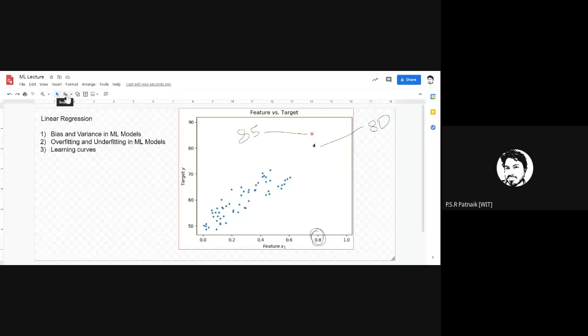Now if I generalize this, for example, for 0.1, 0.82 and 83, say this was your expected line of right points. But what your ML model has done is it has predicted on this line. For example, it started predicting on these points.